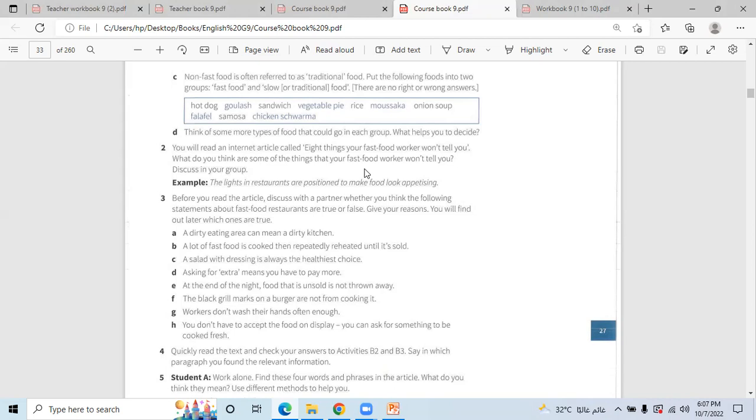Which takes more time. All right, number two, you will read an internet article called Eight Things Your Fast Food Worker Wouldn't Tell You. So what do you think are some of the things that your fast food worker wouldn't tell you? This is what we discussed during the class. For example, the lights in the restaurants are positioned to make food look appetizing.